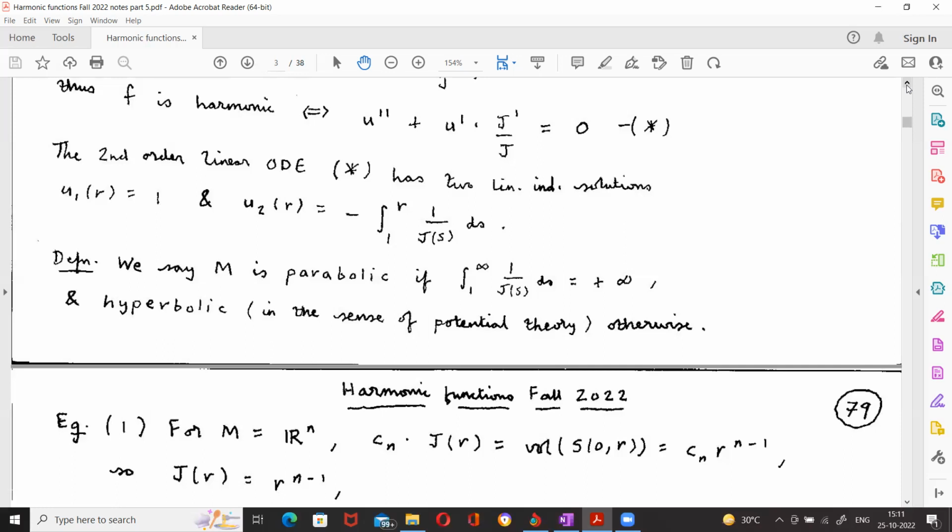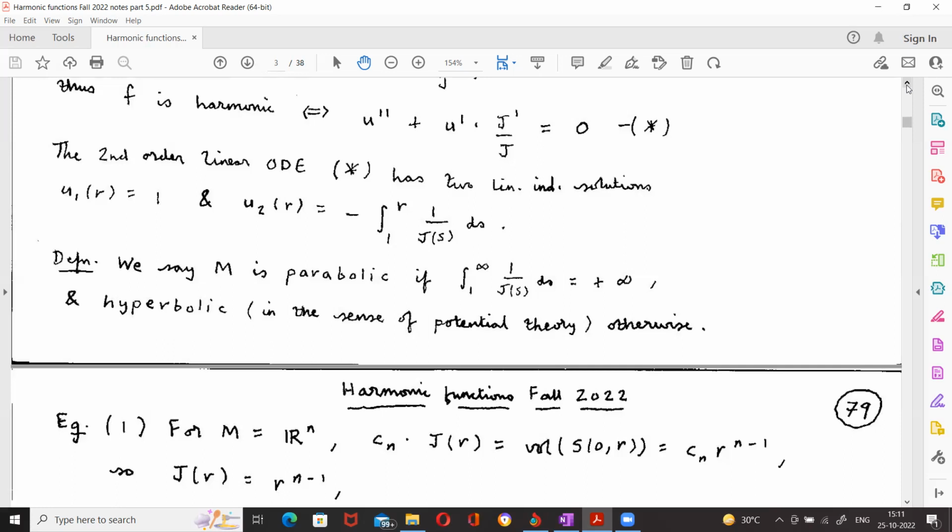But the difference is that for higher dimensions, you do have positive superharmonic functions. You don't have positive harmonic functions, but you have positive superharmonic functions for n greater than or equal to 3. So there's a difference between n equal to 2 and n equal to 3.